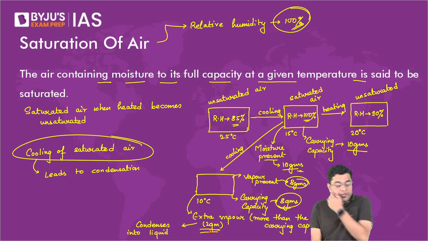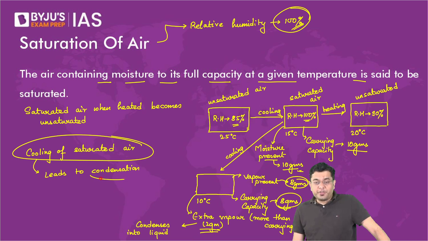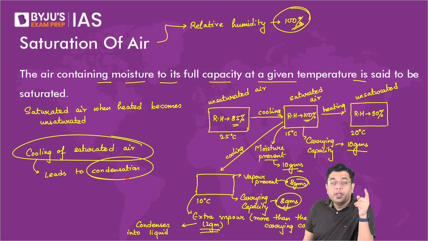So whenever you have condensation that you experience, it is basically when the air gets saturated and cools down beyond the point of saturation. So we can say condensation will happen only when the air parcel gets cooled down beyond the point of saturation.